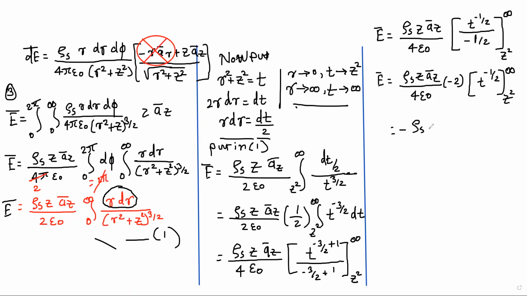So rho s z a bar z divided by 2 epsilon naught. Here I can write 1 by root t, because it is -1/2, 1/√t, from z square to infinity.